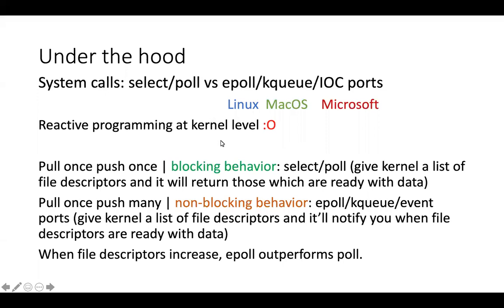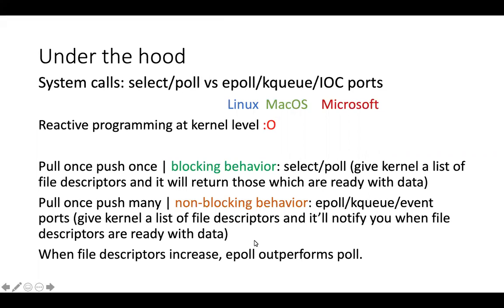So how do we get data from the socket? When the data arrives at the socket, the kernel can tell us in two ways. The first is the system calls select or poll, and then the other one is epoll, kqueue. These are the system calls used whenever there is data available to read or write on a file descriptor or a socket.